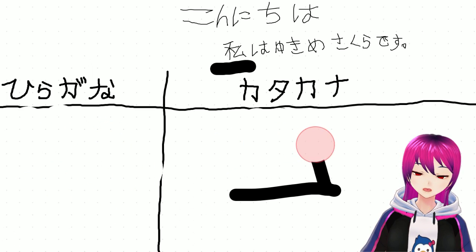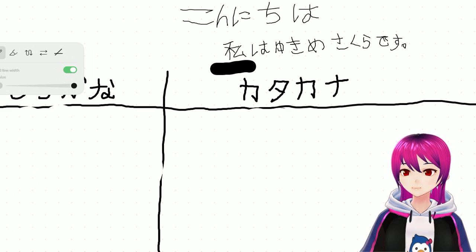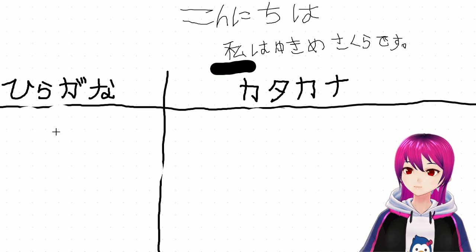Again, these are all written in Roman letters starting with a K, and then a vowel U, E, and O, respectively.